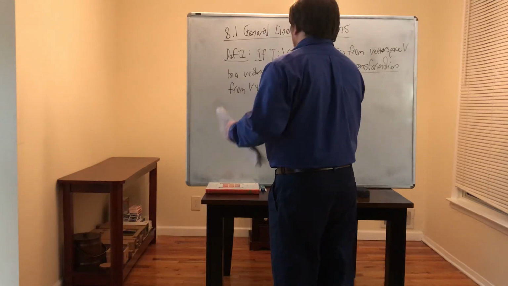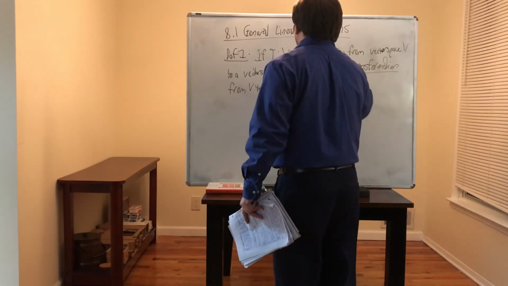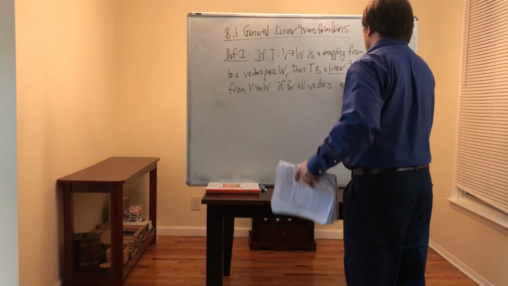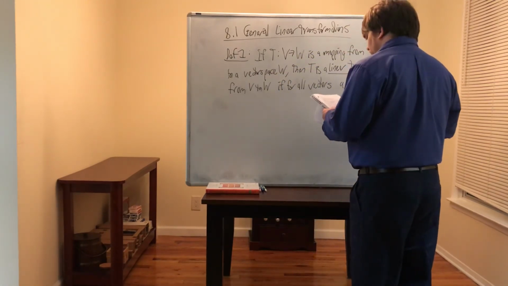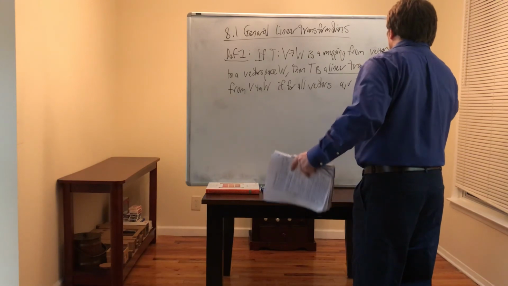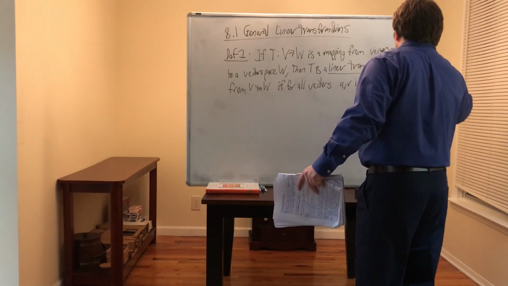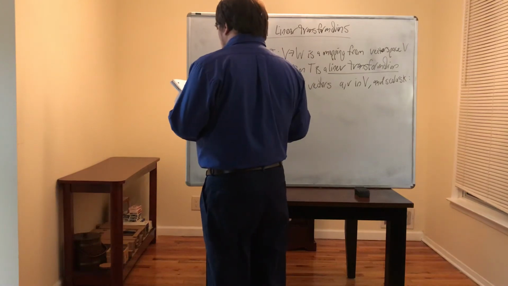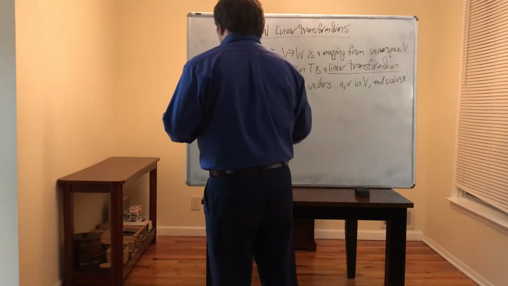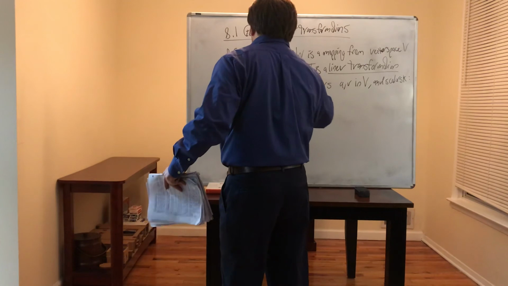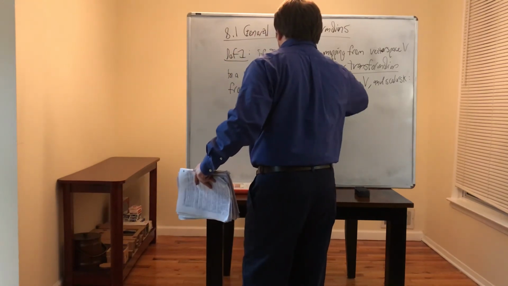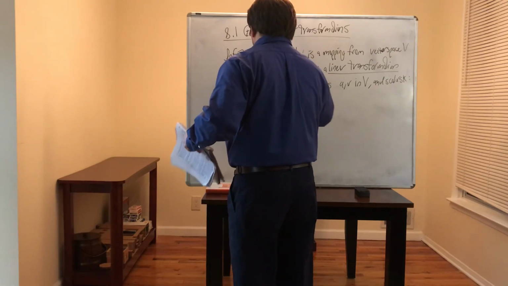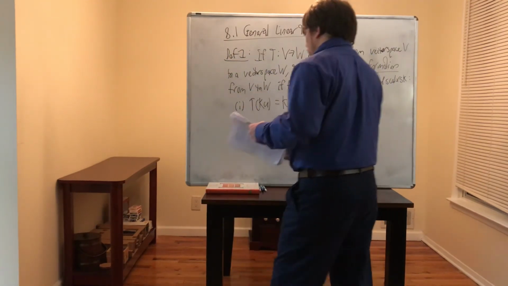if for all vectors u and v in vector space V and scalars k, we have these two properties. One, that T of ku is equal to k times T of u. That's called the homogeneity property.